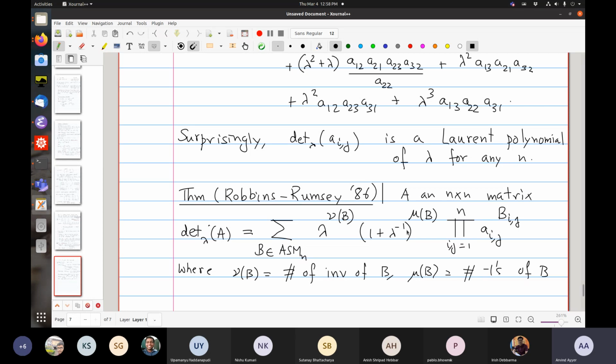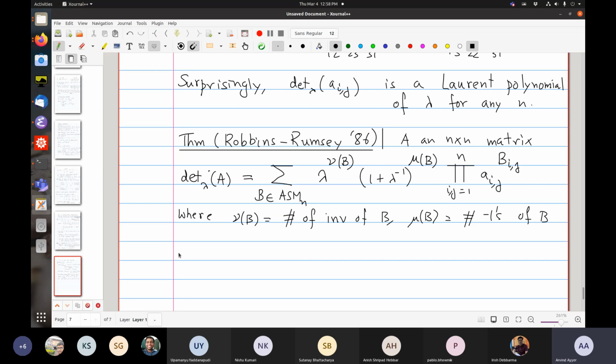And this is where the Laurent polynomial business comes in. It's not divided by 1 plus lambda, it's 1 plus lambda inverse raised to some power. So this you can see now is a manifest Laurent polynomial, and this is an instance of what is called the Laurent phenomenon. Somehow in many different contexts, things that you would expect to be rational functions of some parameter turn out to be Laurent polynomials instead.